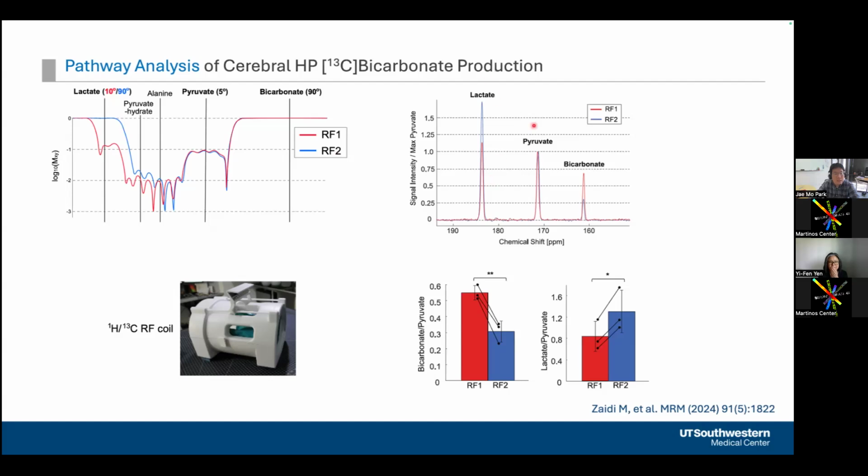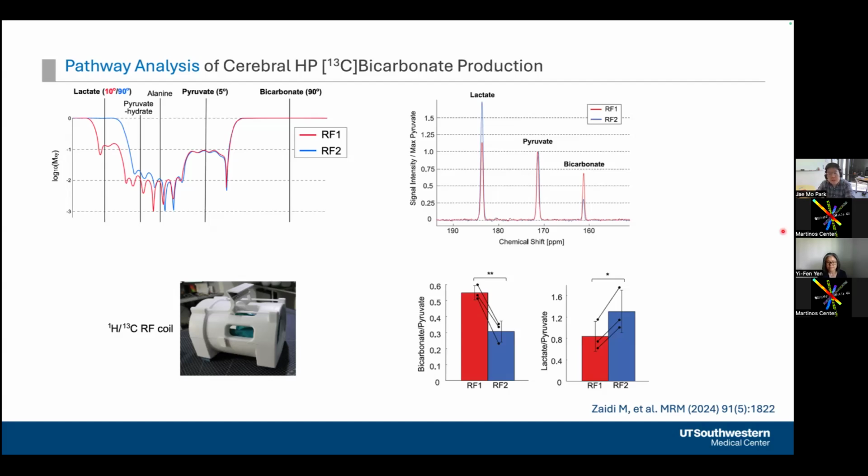So we did it, and when we used a small flip angle for lactate, the bicarbonate production almost doubled, and lactate signal decreased because we were using a small flip angle. So this indicates that even if you are injecting hyperpolarized pyruvate, lactate is already substantially generated before arriving at the brain or right after arriving at the brain.